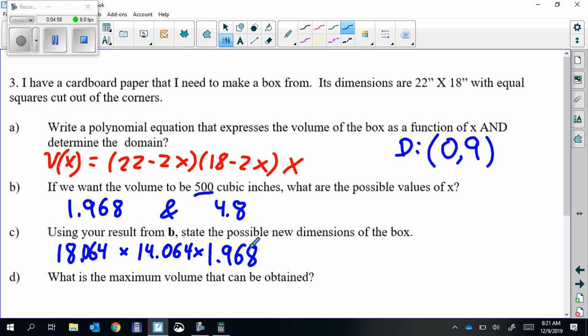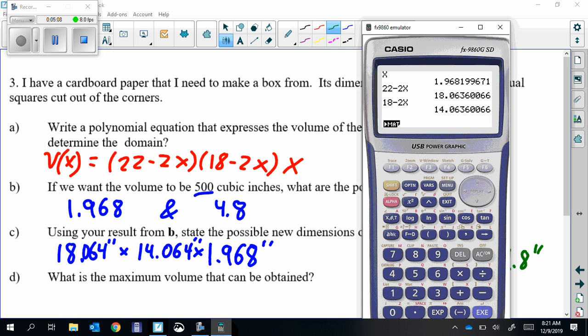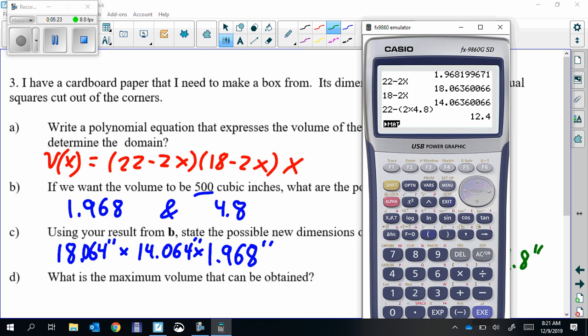These are all in inches. Make sure you label it. The other one we're using 4.8. So 22 minus 2 times 4.8 is 12.4.